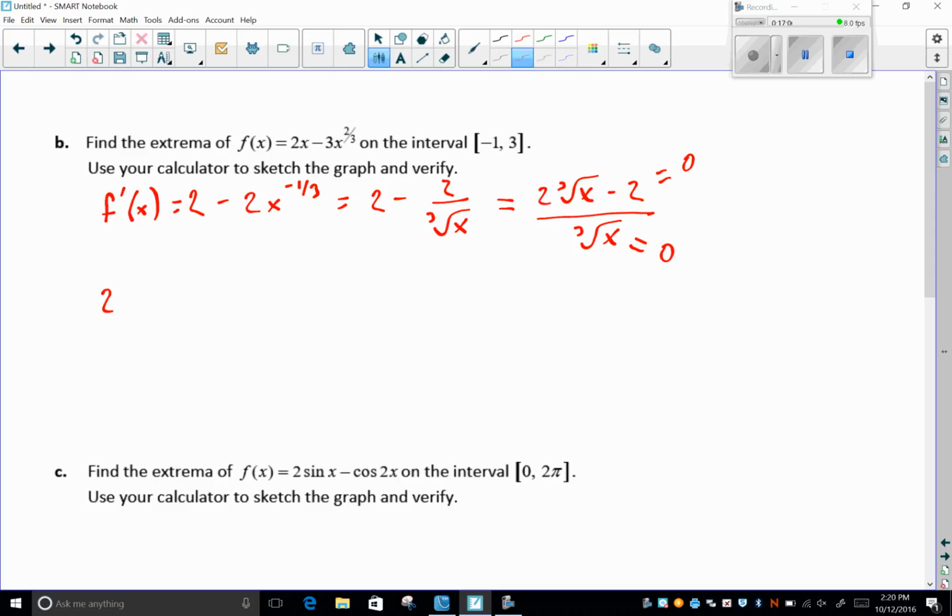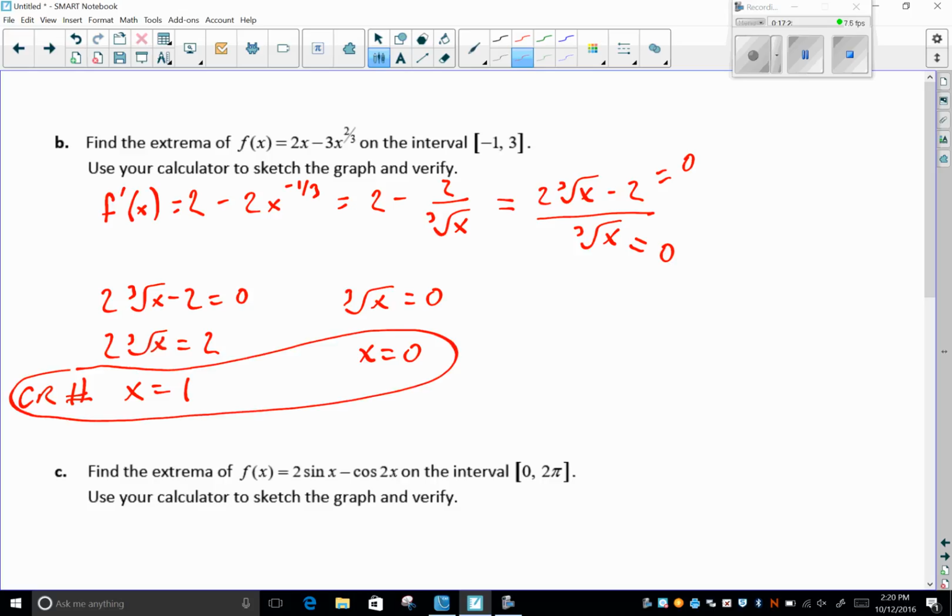So if I have 2 times the cube root of x minus 2 equals 0, solve this, and we're going to get 2 times the cube root of x equals 2, therefore x equals 1. And then set the bottom equal to 0, the cube root of x equals 0, only if x equals 0. So these are my critical numbers: x equals 1 and x equals 0.